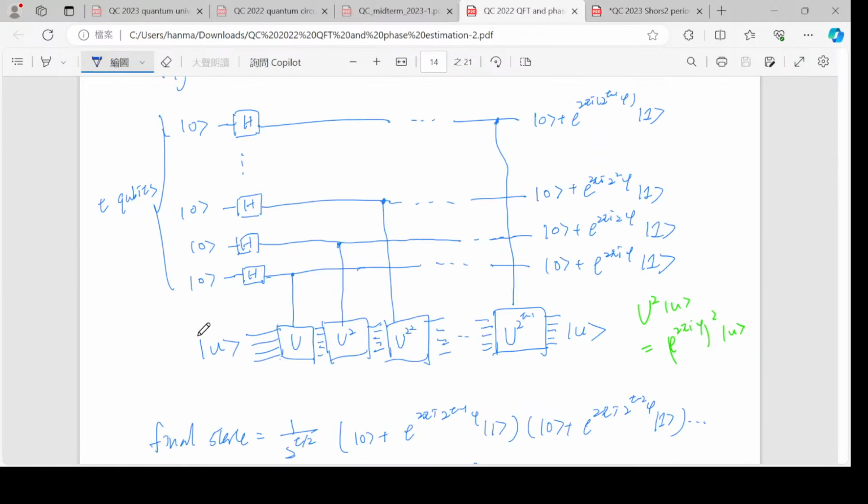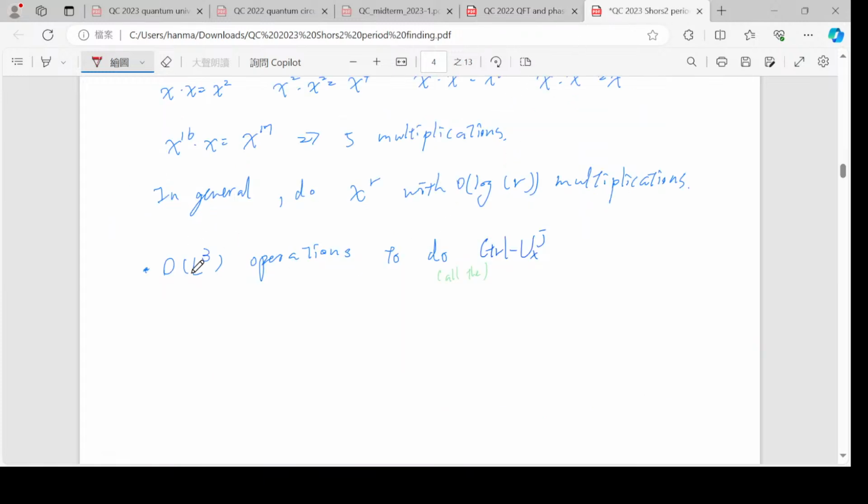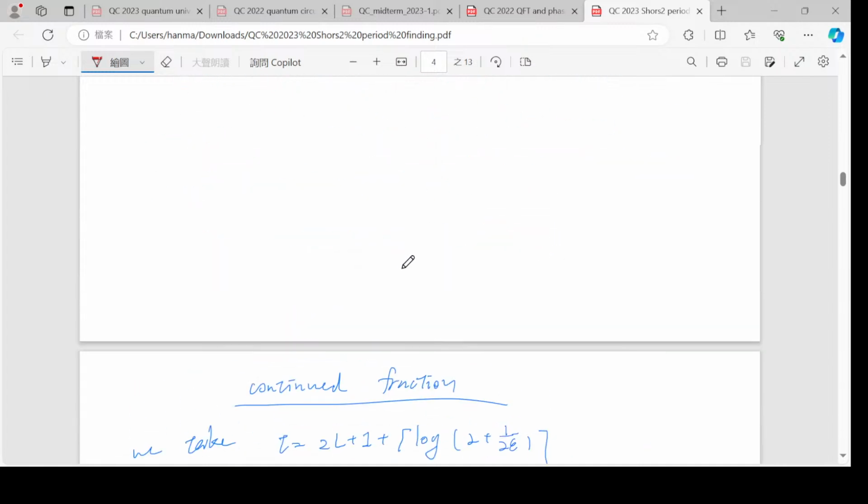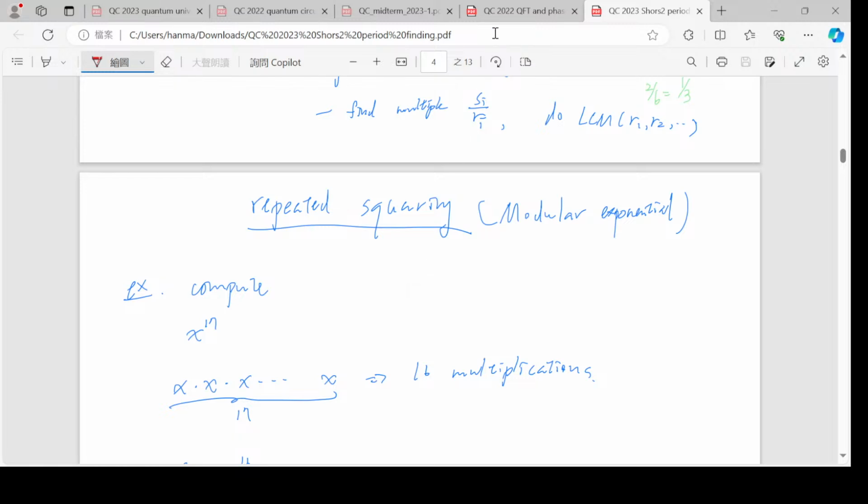I think it's actually order L square only, but anyway, order L square is less than order L cube, so it's order L cube.